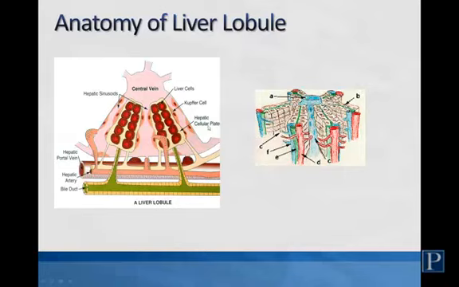Now, you'll also notice that in between these plates, you have sinusoidal capillaries. So in the liver, the type of capillaries we have are sinusoidal capillaries, and for those Canadians, we'll say capillaries. They have wide spaces.